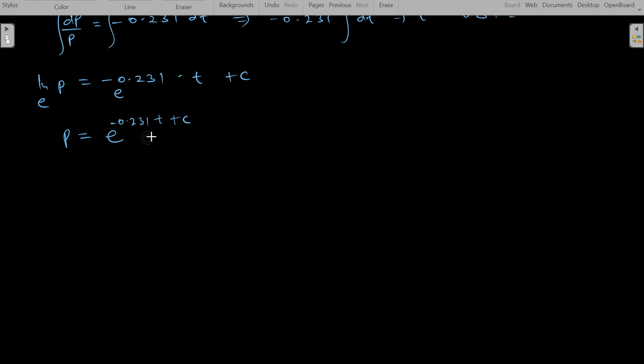Remember, it's a multiplication of e again raised to C. So the e raised to C will go down to C, just a constant. So from this case, P equals e raised to negative 0.231 t, multiplied by C.